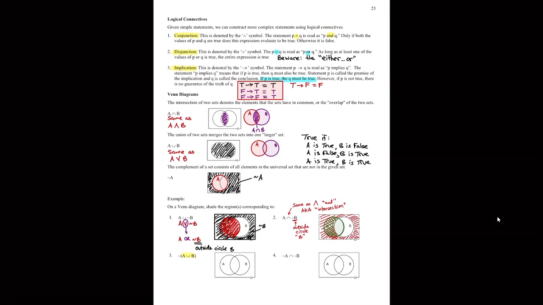This is the symbol or, A or B. So if any part of A or any part of B is true, then the whole sentence is true. So this is telling me that I'm working with any part of circle A, any part of circle B, even the overlap.